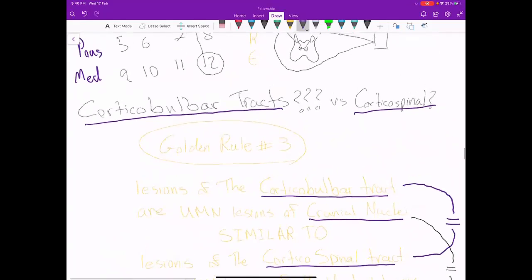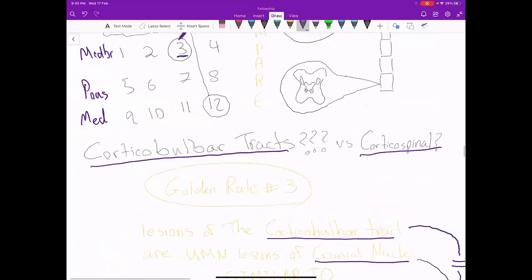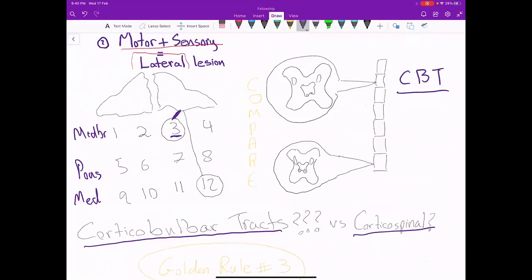So now why am I saying this? Because guess what? And this is where the brainstem gets a little confusing, is that in brainstem or cranial nerve lesions, we know the functions of the cranial nerves, we know what they do, but sometimes they get a little confusing and they disorient us in terms of location. Is this ipsilateral? Is this contralateral?